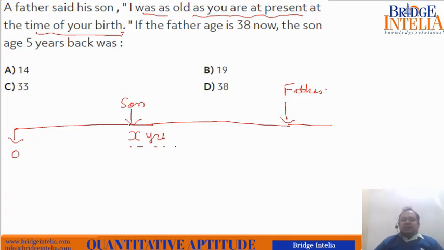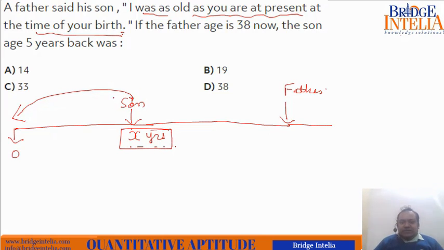If you go back in time, from X shifting back to 0, this is shifting back by X years. Father is telling that if we shift back by X years, I will be exactly of your age.